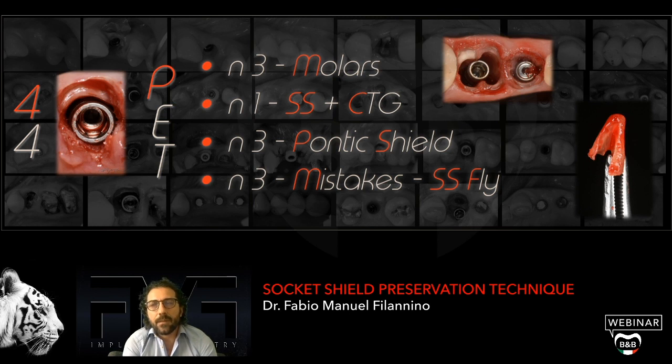One of them became an implant after 3 months. We'll see it later because it is a clinical case where I did a pontic shield, then I did the implant, but it is still the same case where I made one of my 3 mistakes during these procedures.